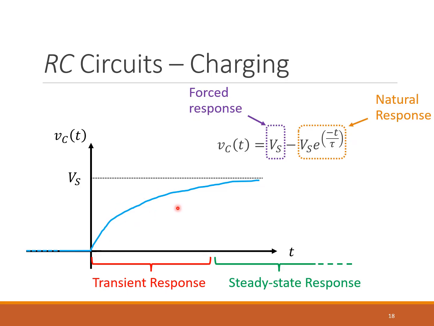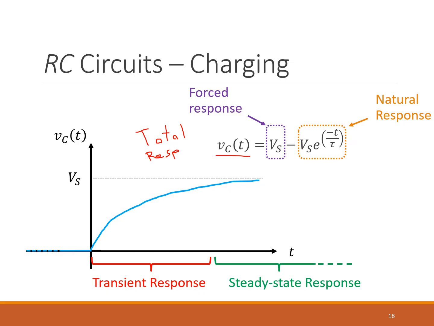after switching. This transient response corresponds to our total response, and so let me just write that up here. We could say that this Vc of t is our total response. So our total response is the sum of our forced and our natural responses.